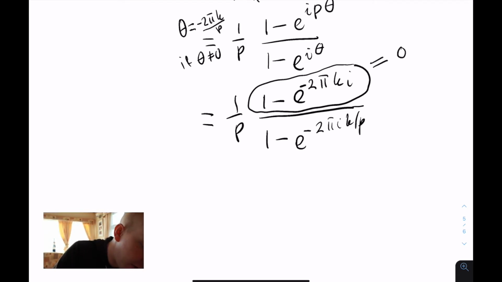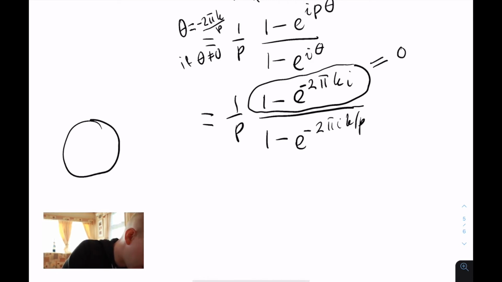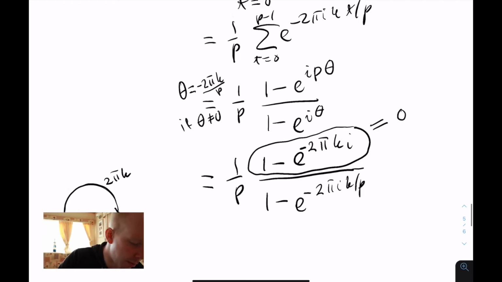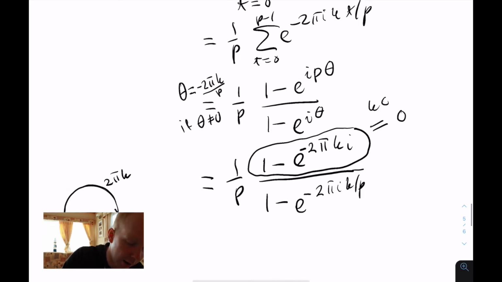Because of the complex number e to the power minus 2 pi i k: if you think about this in the complex plane, you're basically taking this back to the number 1. So this is the complex number 1 over here, and with the argument being an integer multiple of 2 pi, you will always get this. Remember that k is in Zp, so k is an integer in particular.